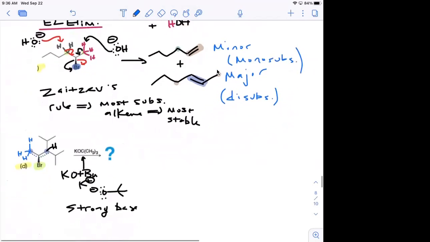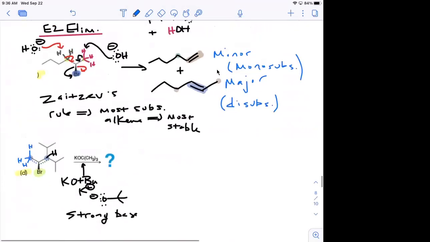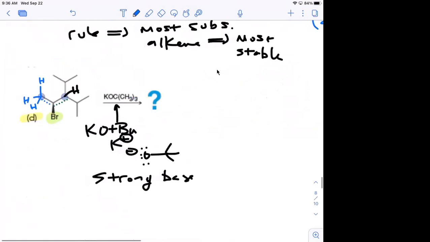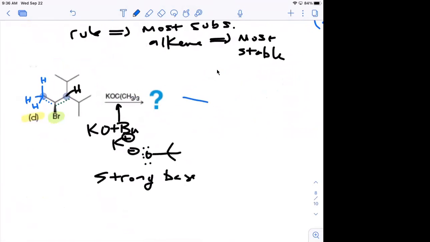All right. So now let's go down here and draw a product. So this is one of my products. And then this is the other product.